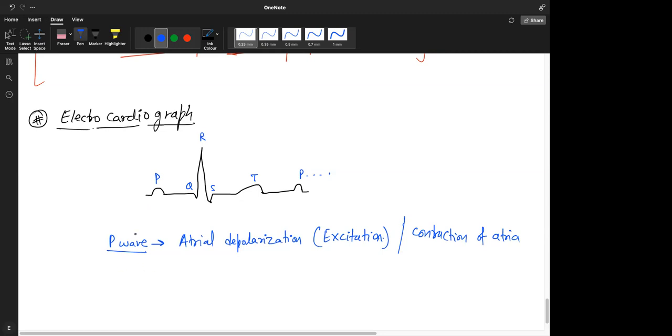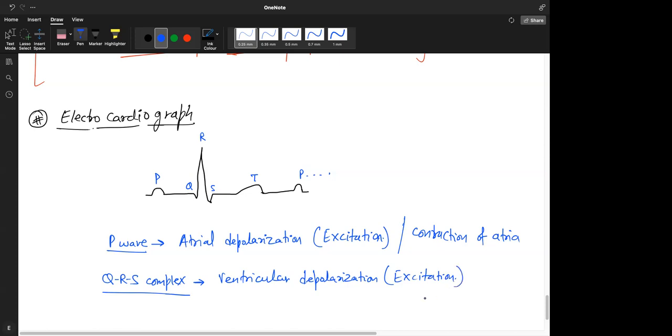Now let's go to QRS. So QRS is a complex. It's always taken together. QRS complex. I think you have guessed by now, what does this tell you about? This tells you about ventricular depolarization, which means your ventricles are now excited.